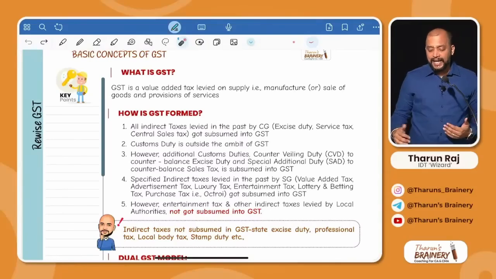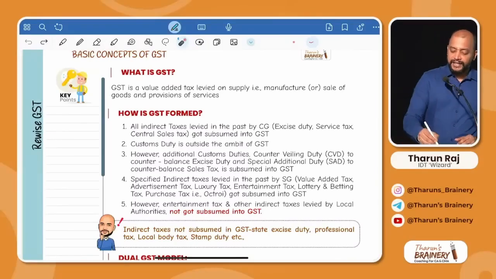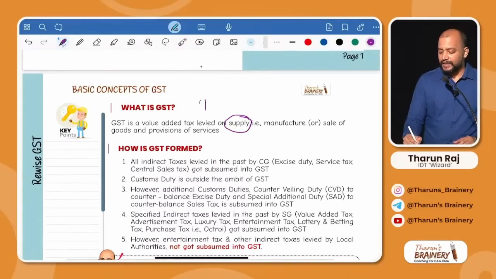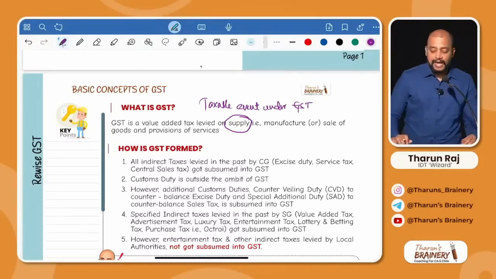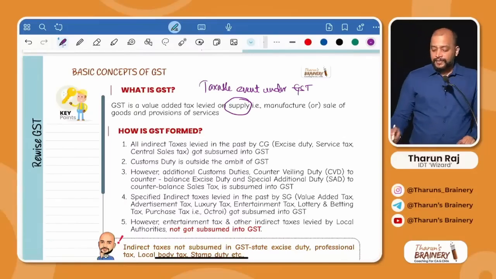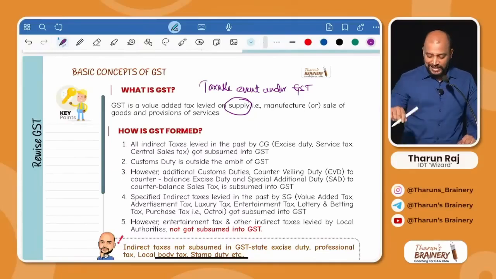Like that, supply is the taxable event under GST. And so manufacture, sale of goods or services, all this will come under supply, which we will be seeing later.